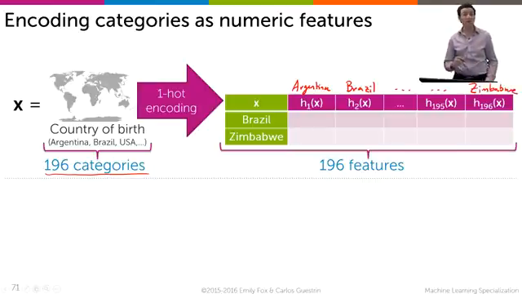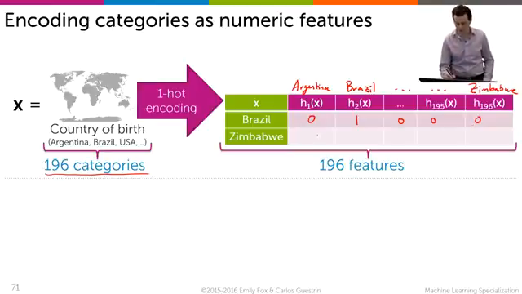And so, for example, if somebody is born in Brazil, then the feature for Argentina has value 0, the feature for Brazil has value 1, and all the other features have value 0. So only one of these features has value 1 at a time, everything else is 0. That's what's called one hot. It's from electrical engineering. That means one on or one active encoding.